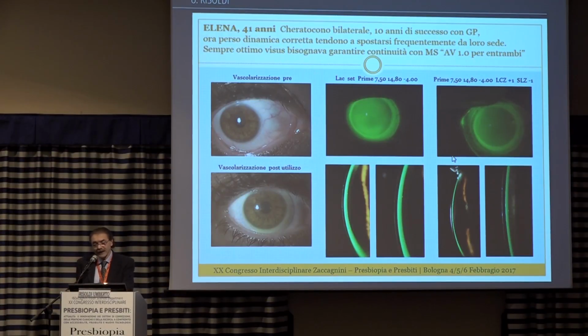The lens tends to sit in the lower area, probably because the tear meniscus is a little bit too high. In the final prescription, we used a 750 prime with diameter 14.80 and a power of 4.